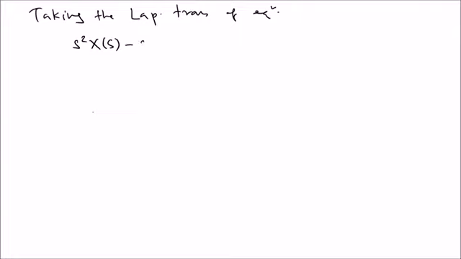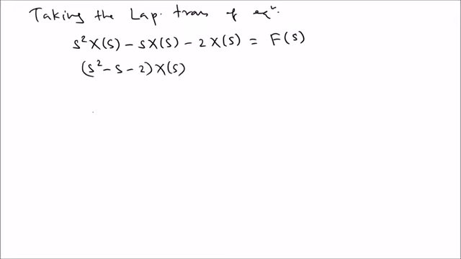There are no initial conditions, so only the X(s) terms, minus s X(s) minus 2 X(s). On the other side is the F(s) that we already know. So this is (s squared minus s minus 2) times X(s). On the other side it is (3s plus 3) over s squared times e to the minus s.